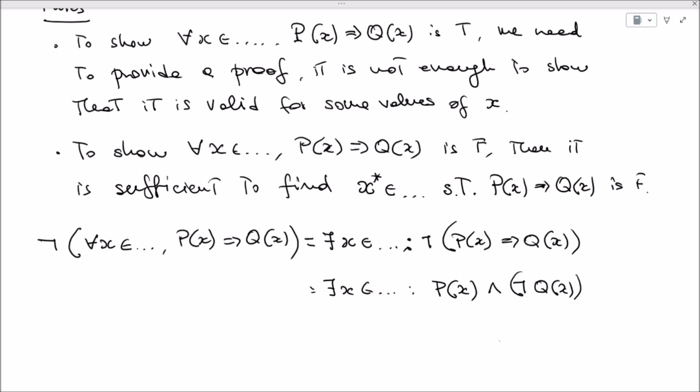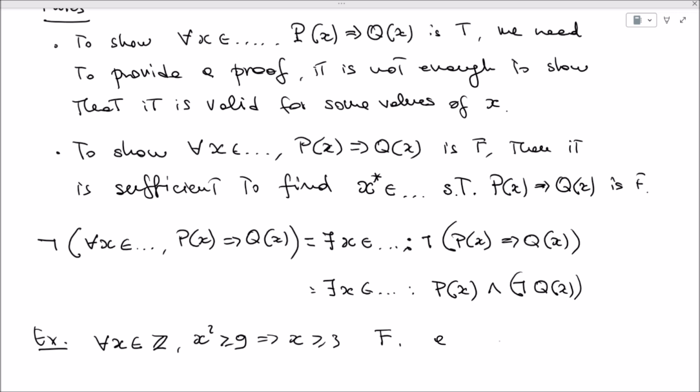For example, an example of this would be if I say that for every x that belongs to Z, x to the square is larger than or equal to 9 implies that x is larger than or equal to 3. Well, this is clearly false, and we just need to provide one example of this.